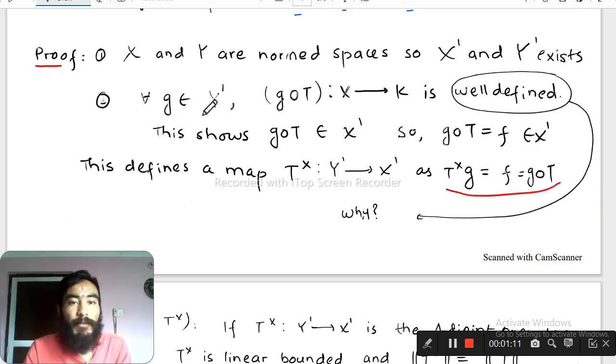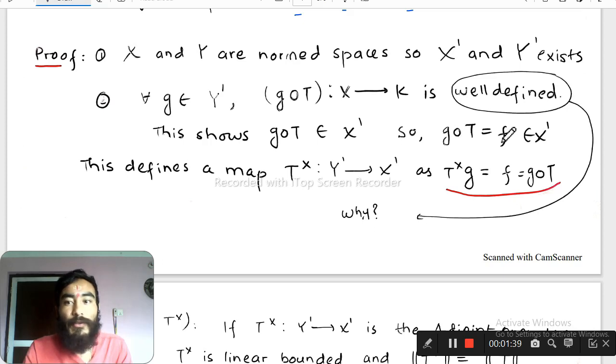for every g belonging to the dual of Y, the composition g o T, which is from the space X to K, where K is the field of scalars, is well defined. And also, since g and T both are linear and bounded, this composition g o T is also linear and bounded, defined from X to K. So g o T belongs to X dash.